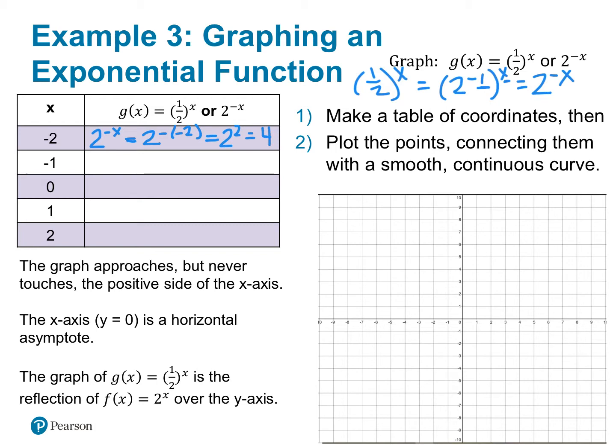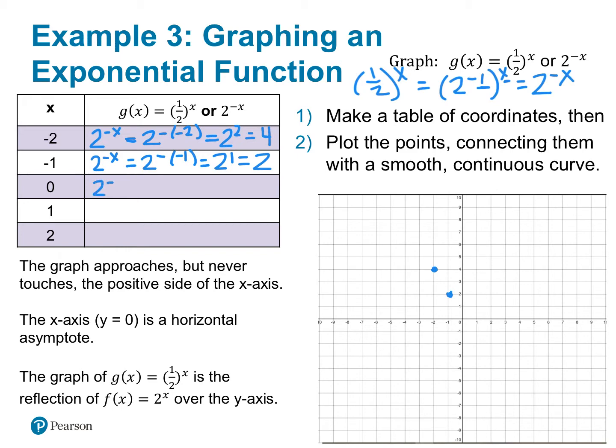So I'll go ahead and plot that point. So -2, 4 will be right here. Okay, 2 to the -x, but this time I'm going to put a -1 in. So that's 2 to the +1, which is just 2. So -1, 2 is my next point.